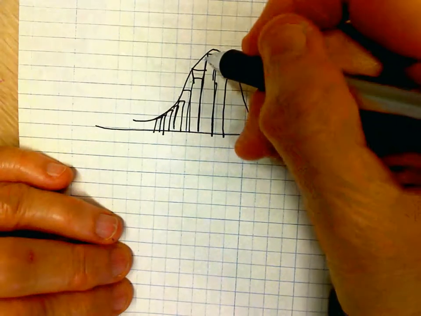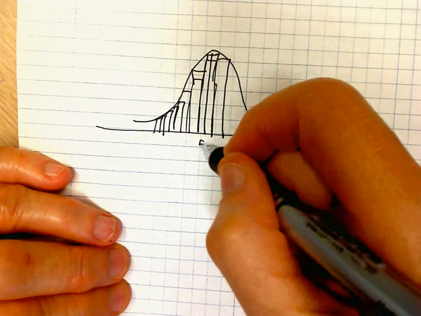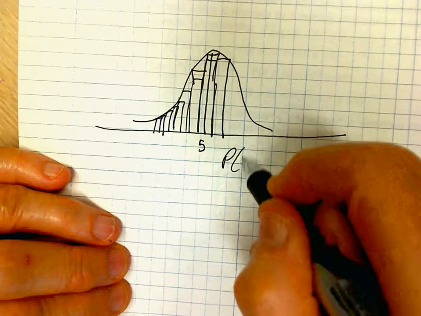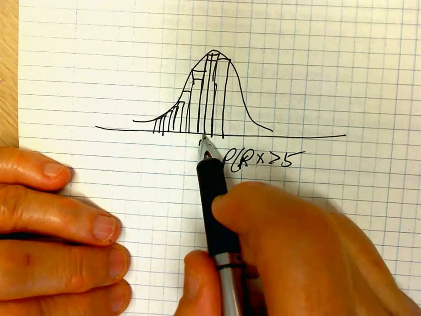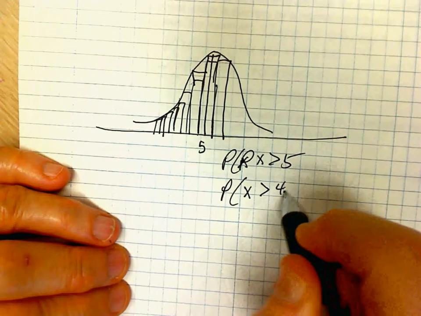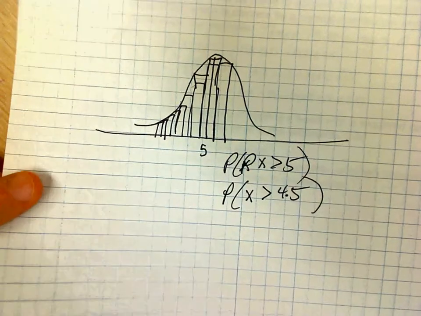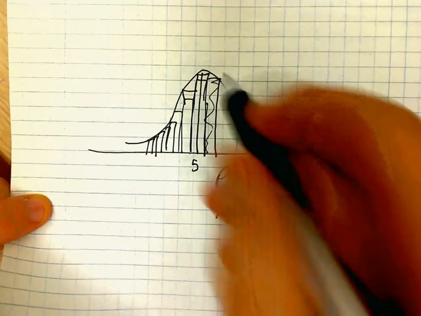But if I want the probability x is greater than 5, I'm going to have to go to 4.5. Probability x is greater than 4.5. So there's this 0.5 adjustment in order to include the entire rectangle.